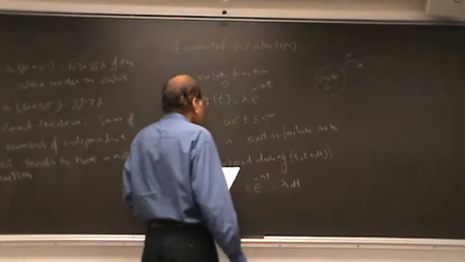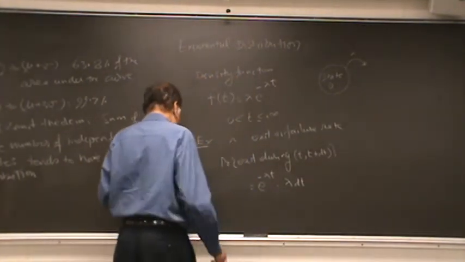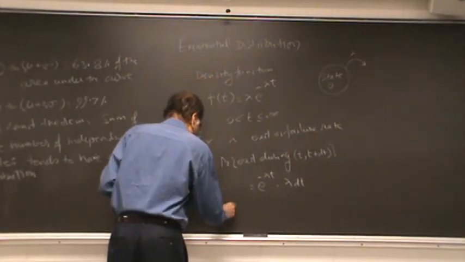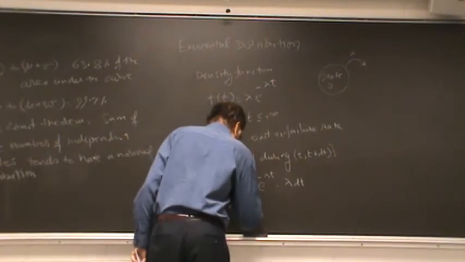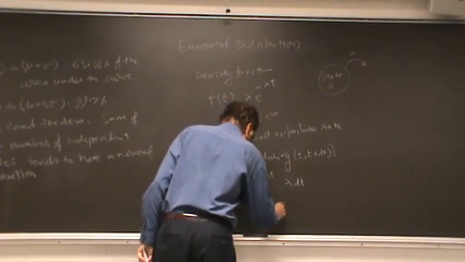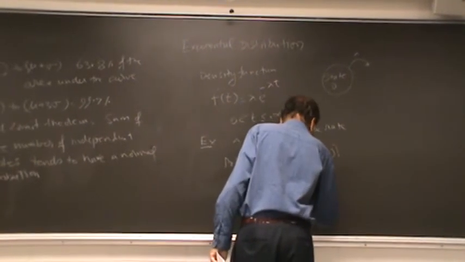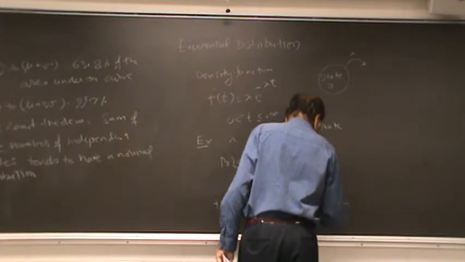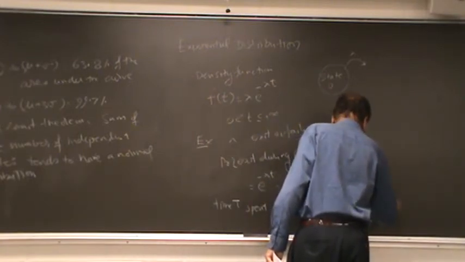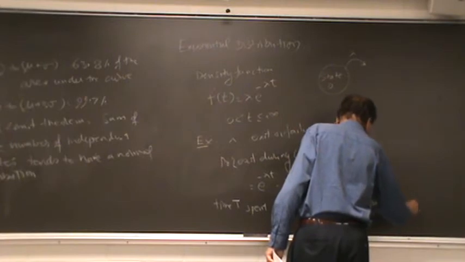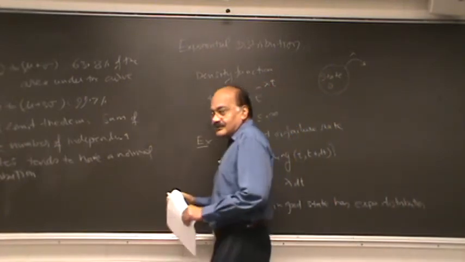So basically, the time t spent in good state has an exponential distribution. Now this is also referred to as the sojourn time.